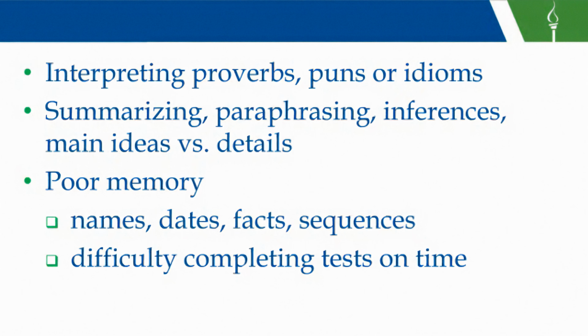Dyslexic students often have difficulty with long-term memory for names, dates, facts, or sequences. They also have difficulty, again, with that language processing, which may lead to them taking an inordinate amount of time to complete their tests.